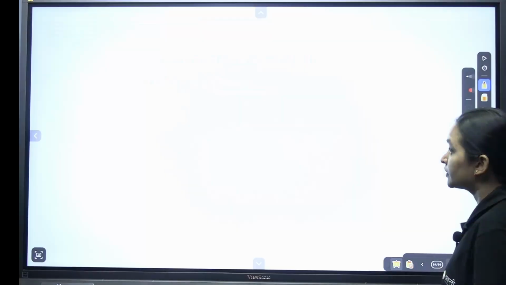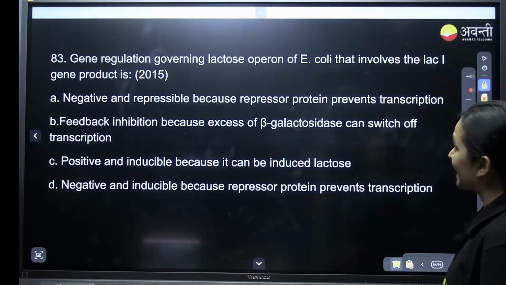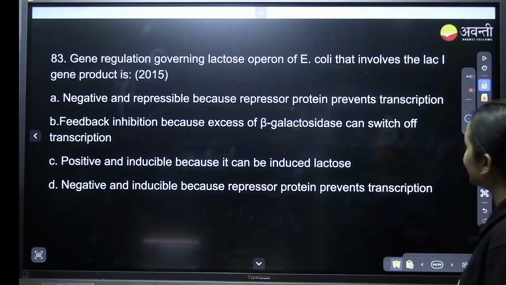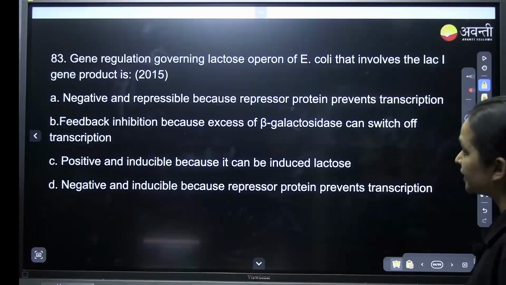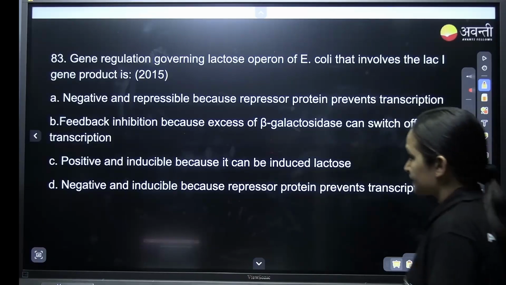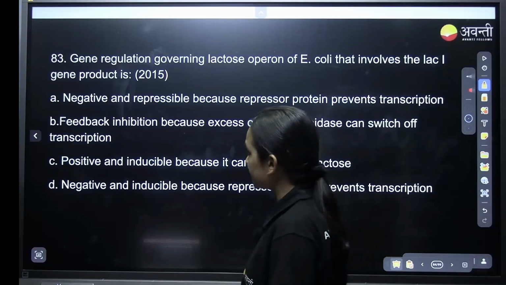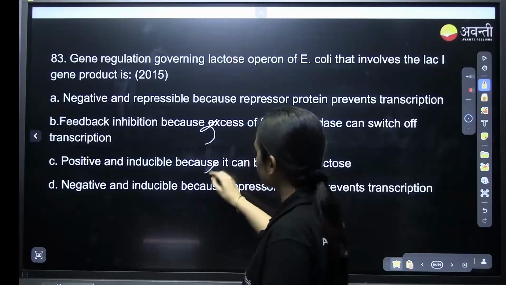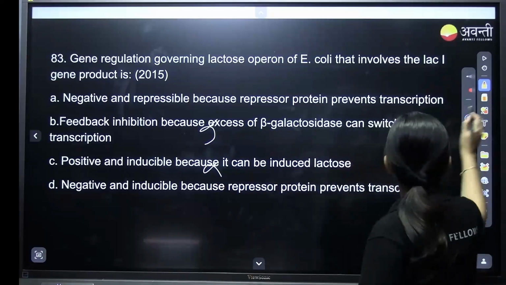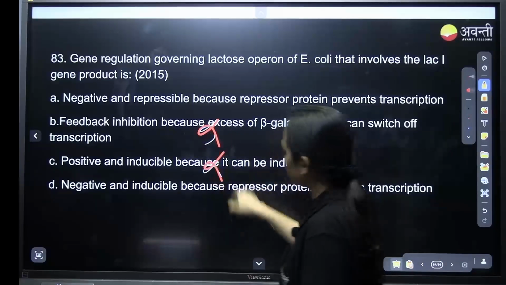Yes. Gene regulation governing the lactose operon of E. coli that involves the LAC-I gene product is negative, and it is negative anyway, feedback inhibition, positive is not. Wait. You can eliminate these two options.